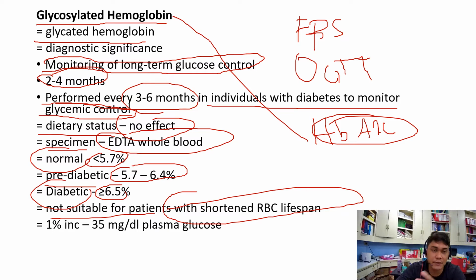The alternative is to perform fructosamine instead of glycated hemoglobin. Okay, so a 1% increase in glycosylated hemoglobin is equivalent to an increase of 35 mg per dL of plasma glucose. Okay, so that's for glycosylated hemoglobin.